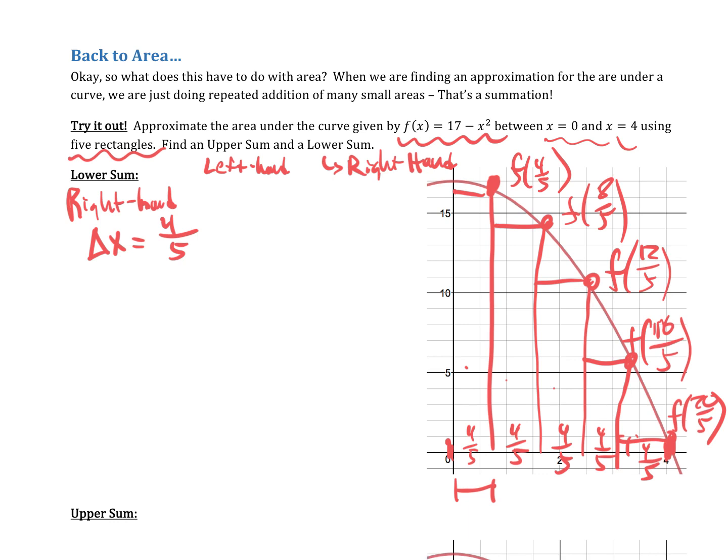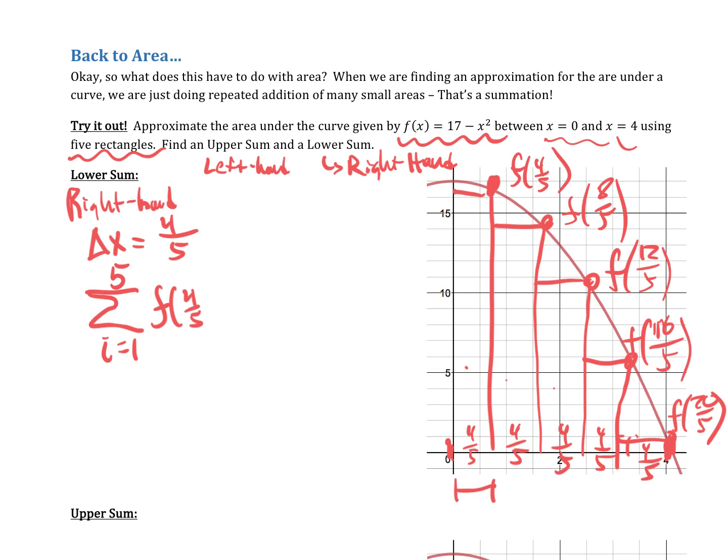All right. So how do we write this as a summation? Well, we're going to have 5 rectangles. And we're going to write this as the height times the width. Okay, so the height, each one of these is f of, and we have 4/5.